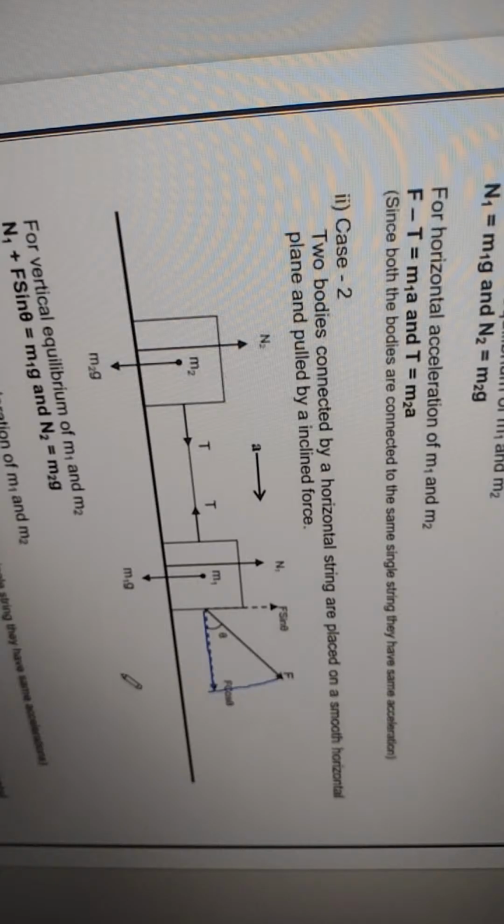This is F. So like we have done before, cos theta is equal to b by h.